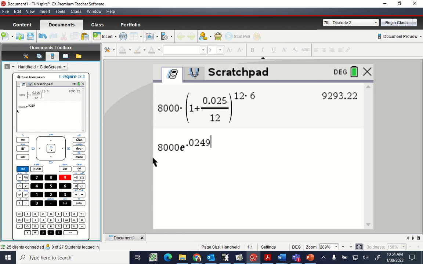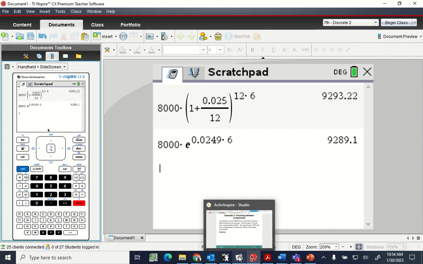Then times, so make sure you don't move over, because all this is still in the exponent, my 6 years. So if I'm comparing this, it's going to be $9,289.10. So it is slightly less in this case.